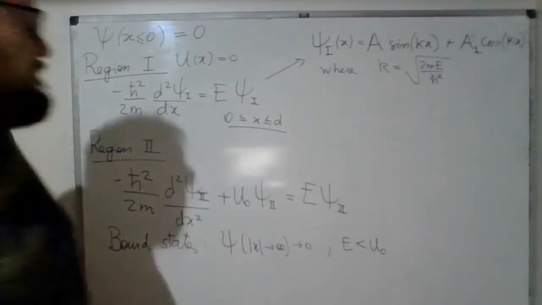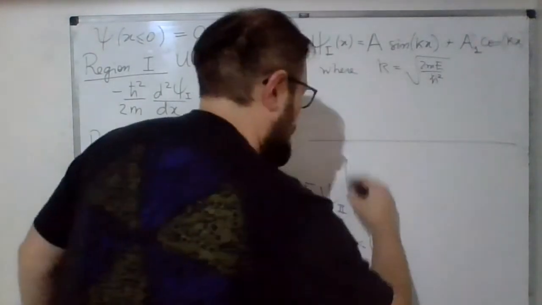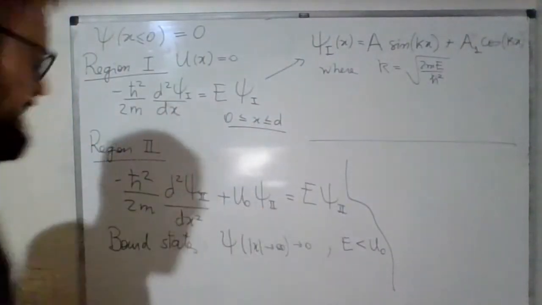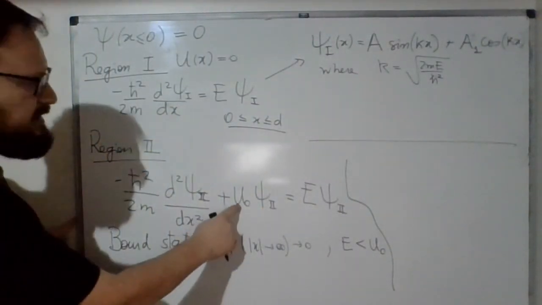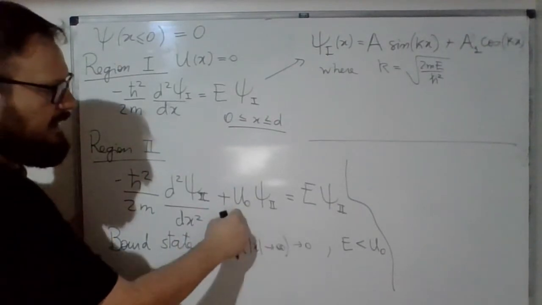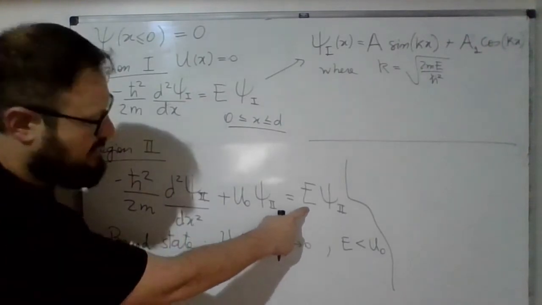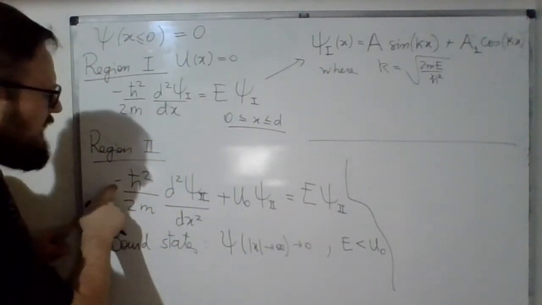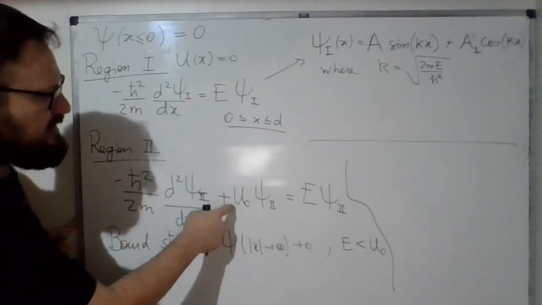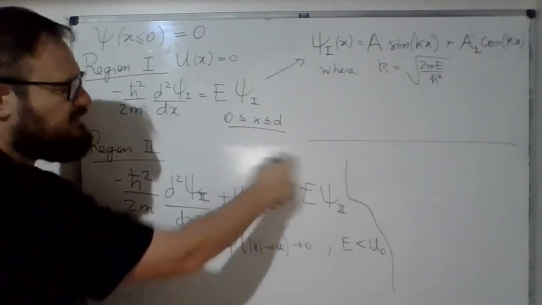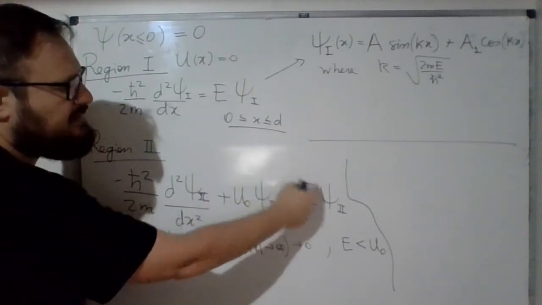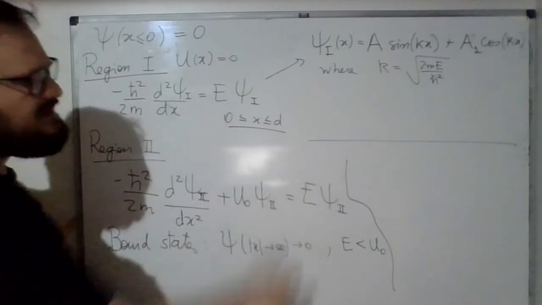For region 2, we must remember that this potential is higher than the eigenvalues we want to find, and we can eliminate this minus sign if we move this U0 to the right-hand side and reverse the difference.